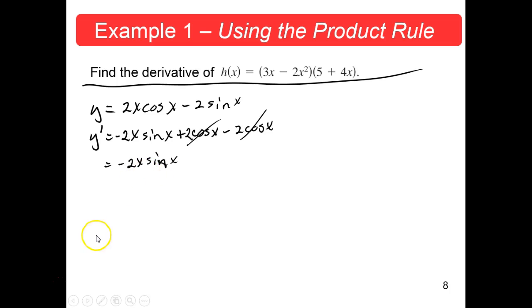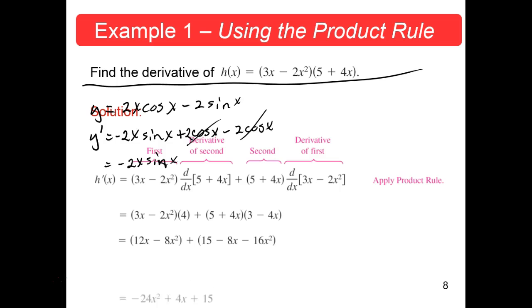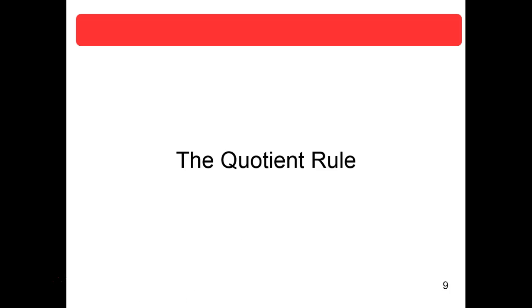Okay. So let's go on to the quotient rule. If you thought the product rule was a little complicated, this is a little more, but it's not bad. The product rule is first times derivative of the second plus the second times derivative of the first, okay?